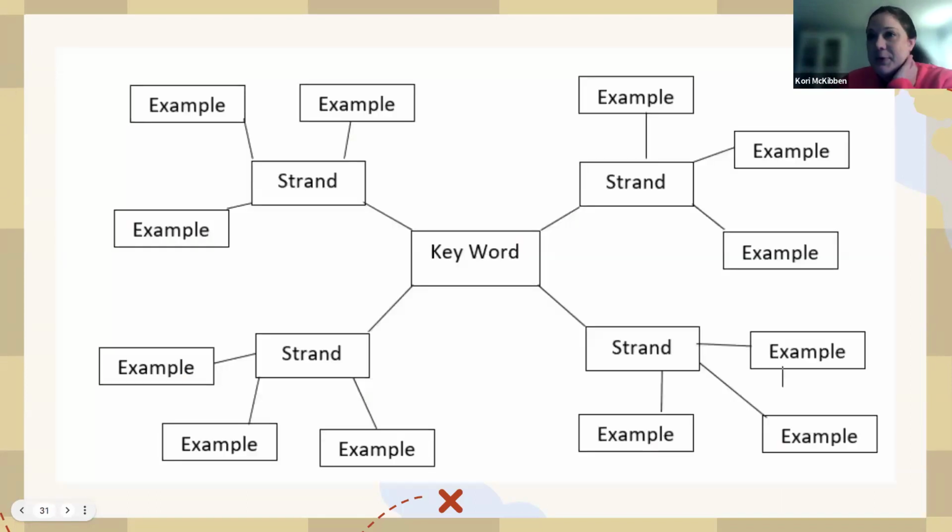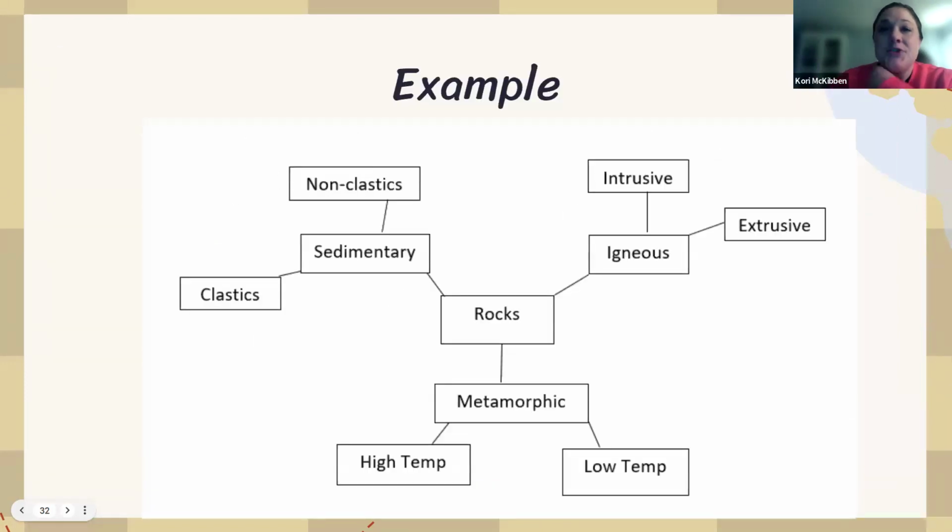So here is what a semantic map could look like. There's that idea of the keyword being in the middle. Then we have those strands that come off, which could be the categories, and then examples coming off of each of those categories or strands. You could click. Here's an example for types of rocks.